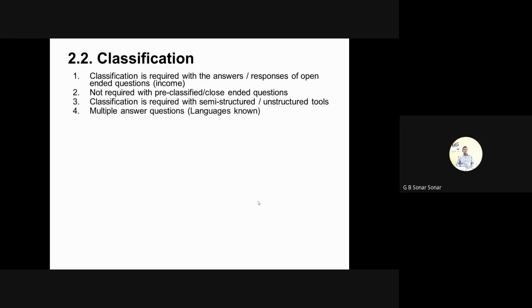Classification is also required with multiple answer questions. There are some questions which will have more than one answer. In such cases, if we do not make classification, we will not be able to present the data in a systematic way. For example, how many languages do you know?